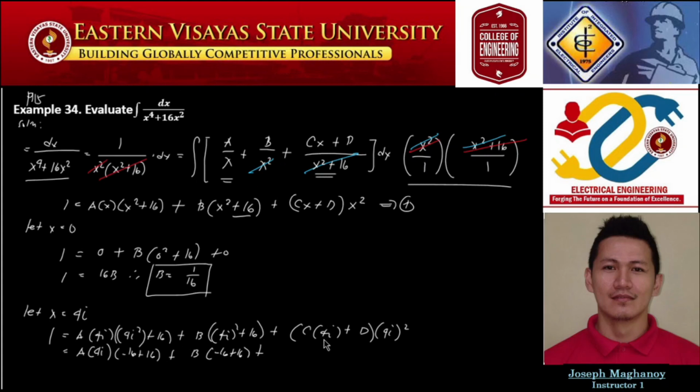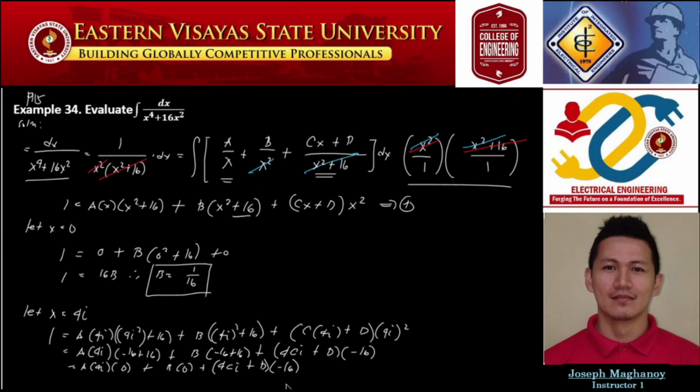For c, it will become 4ci plus d times negative 16, since 4i squared is negative 16. So a times 4i times 0 will become all 0, and b, if you substitute, will also become 0. The remaining is 4ci plus d times negative 16.